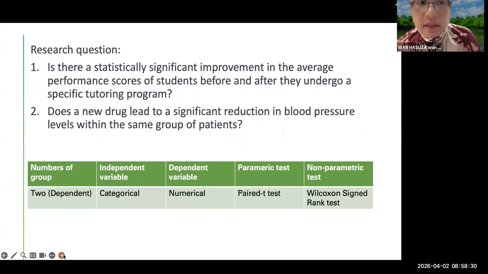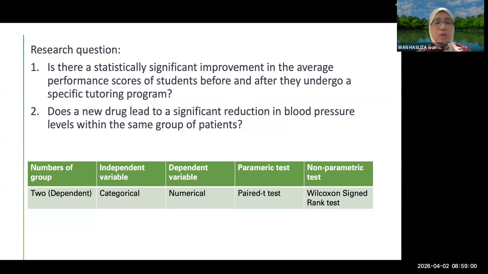Now, next question. Is there a statistically significant improvement in the average performance score of students before and after they undergo a specific tutoring program? From this, you see the words before and after. It means that before, you want to do a program, which is a tutoring class. Of course, you want to measure the before and after scores.